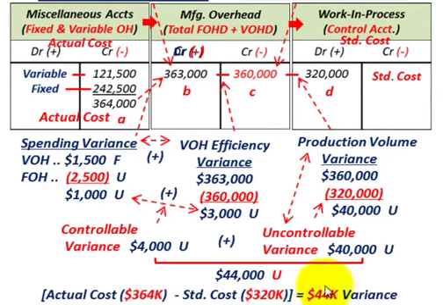So we went through a number of calculations, but that's what we were looking at. We were looking at total variance. We were comparing our actual cost to our standard cost: 364,000 versus our standard cost of 320,000.